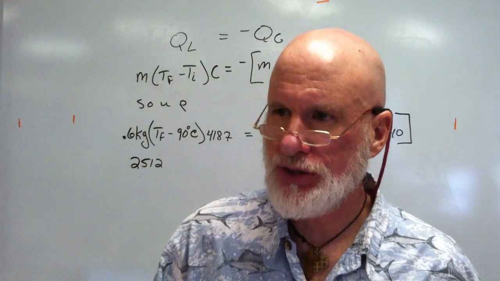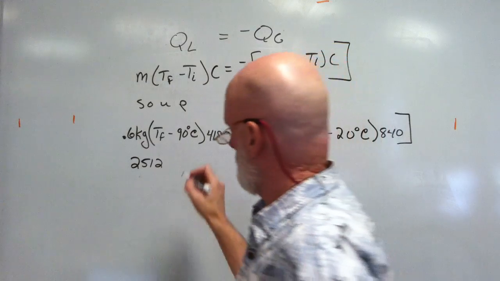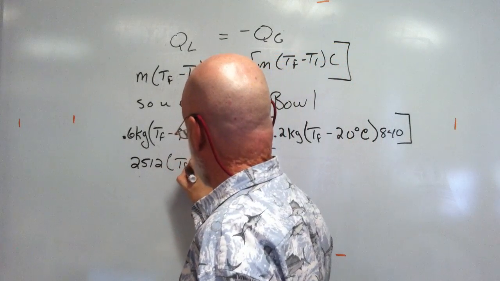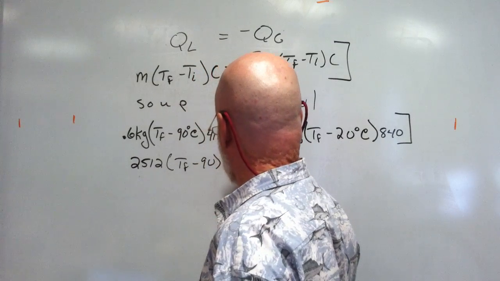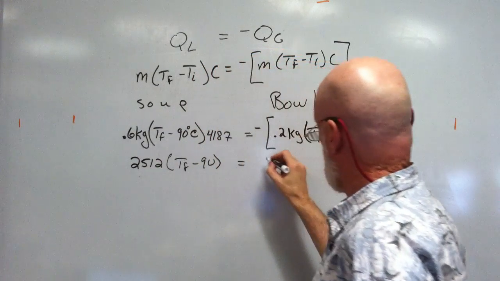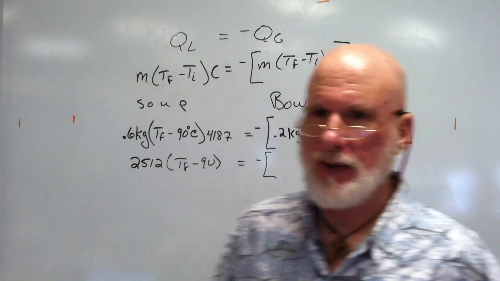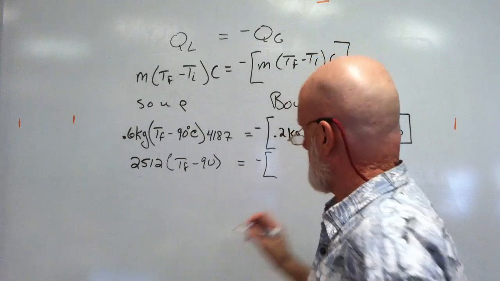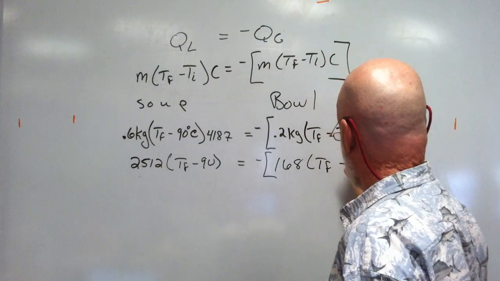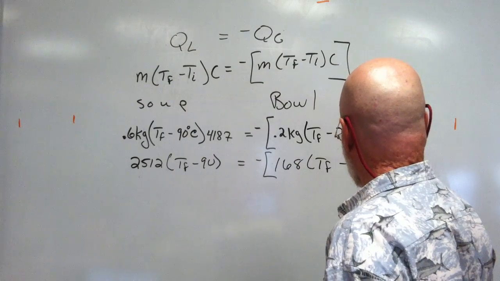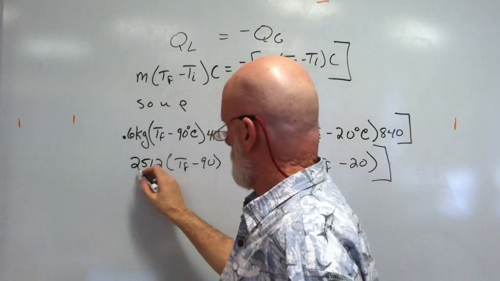We'll leave off the 0.2, just makes things look a little nicer. So 2,512 times TF minus 90. What is 0.2 times 840? 168. Okay, looking good? Yes. All right.